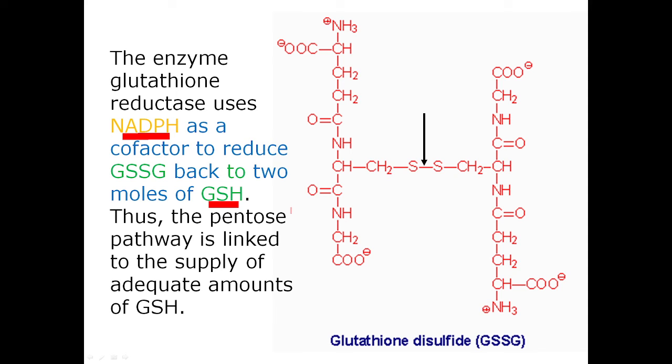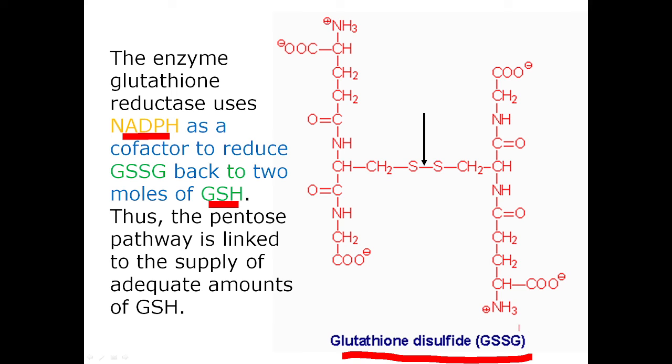Thus, the pentose phosphate pathway is linked to the supply of an adequate amount of GSH. So we can see here the reduced glutathione, GSH, will prevent the oxidative damage by reacting with reactive oxygen species. But in this process, the reduced glutathione GSH gets converted into oxidized glutathione, glutathione disulfide, and we want this glutathione disulfide in reduced GSH form so that it will again be helpful whenever there is oxidative damage.